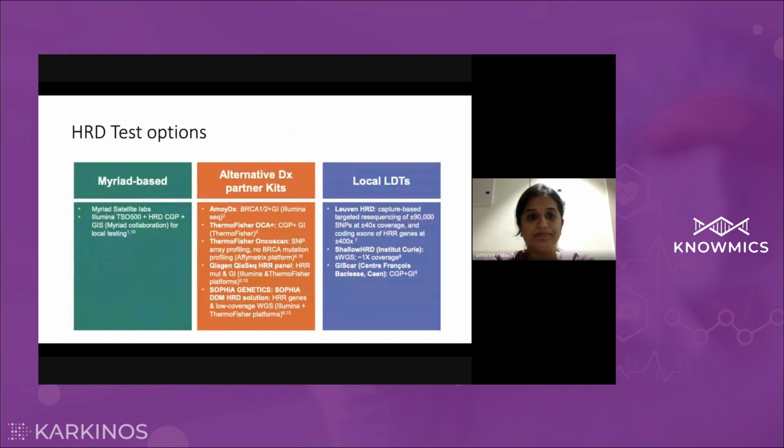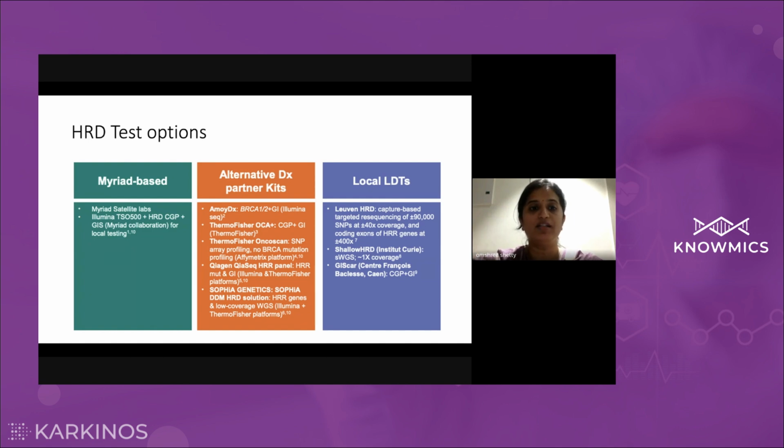Next slide, please. So test options: Myriad-based is a gold standard because they were the first ones to develop that. So it's not that they are something superior or anything. Most of the tests nowadays are almost on par. There have been head-to-head comparisons of Myriad with a lot of other kits, and there have been several papers if you look up in the literature.